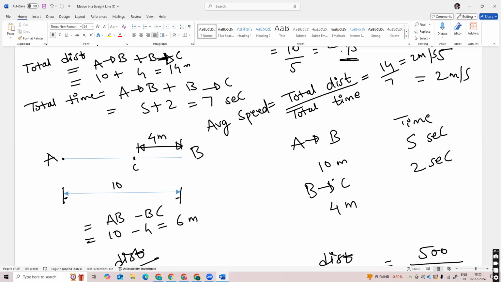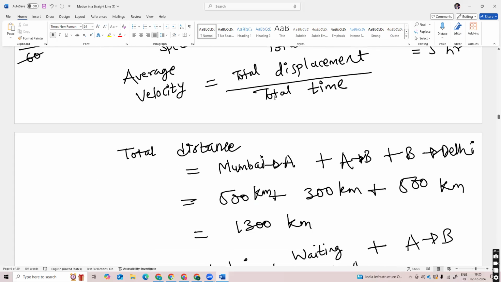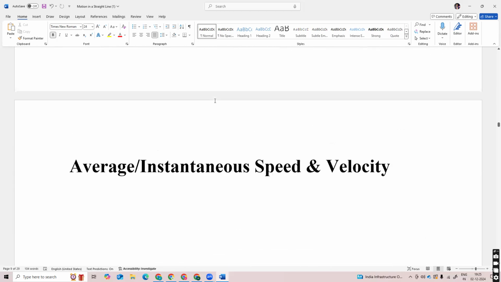So 6 meters is the total displacement for moving from A to C. And time taken was the same, 5 plus 2, like 7 seconds, because total time taken for moving from A to C is 7 seconds. So if you have to find average velocity, then it is equal to 6, that is total displacement, divided by 7 seconds. So you can calculate it. We will see more examples of average speed and average velocity.